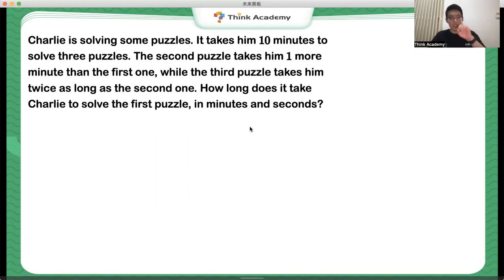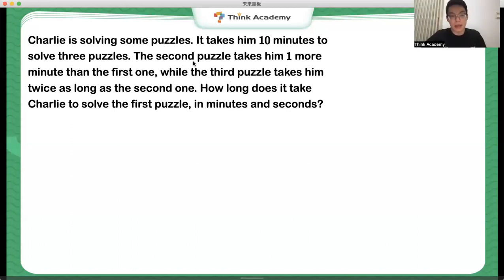So basically, let's just try to determine which one is the smallest quantity among the 3 puzzles. Which one takes the shortest? Probably we can just compare the second one to the first one. Puzzle 1. I think it's puzzle 1. Puzzle one.